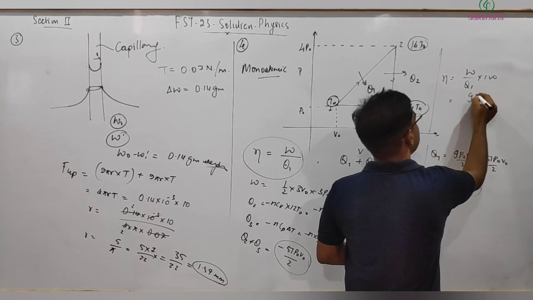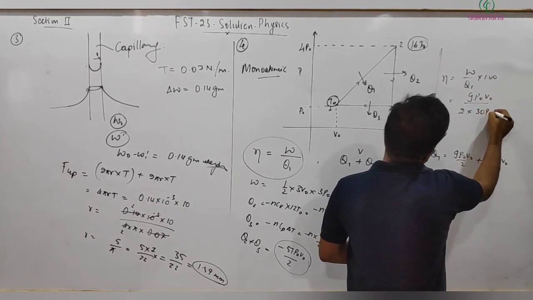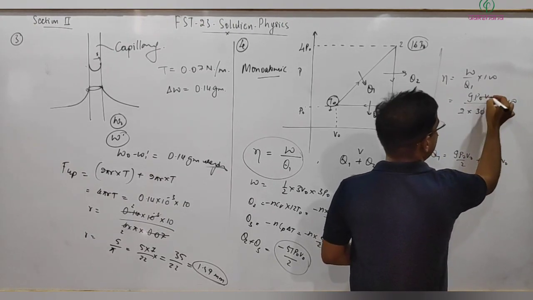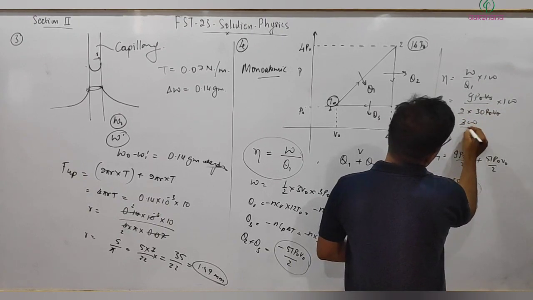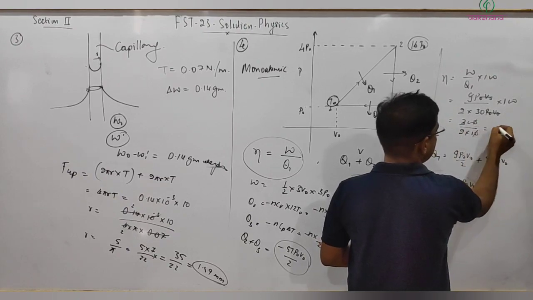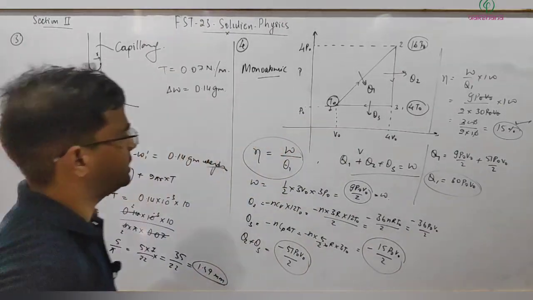That's 9 P0V0 divided by 2 into 30 P0V0, multiplied by 100. That's 300 divided by 2 multiplied by 10, it's 15%. This is the efficiency of the heat engine.